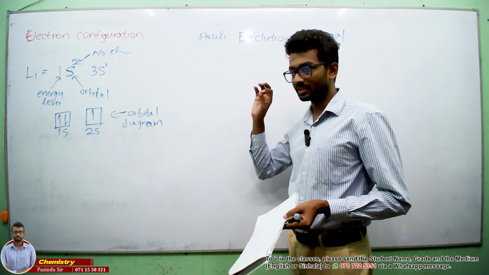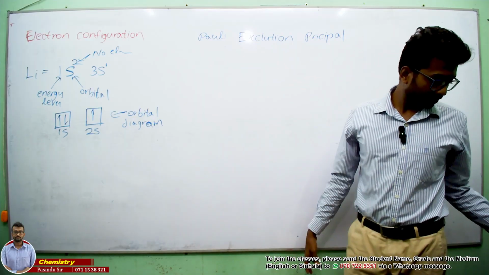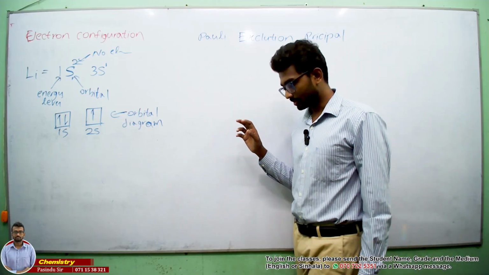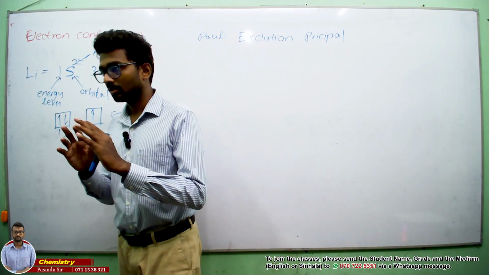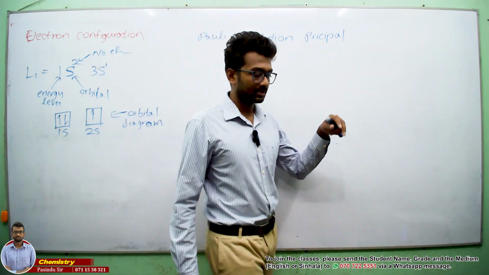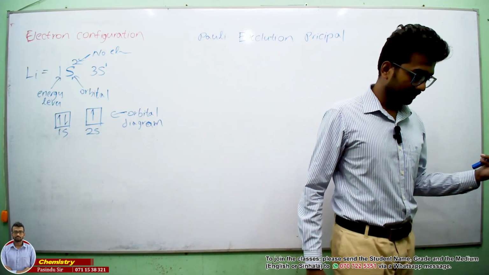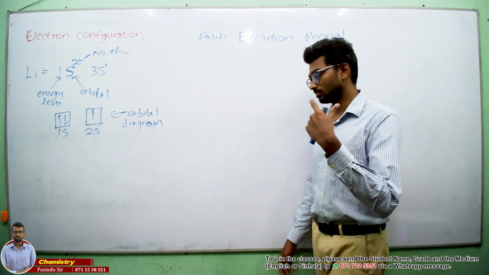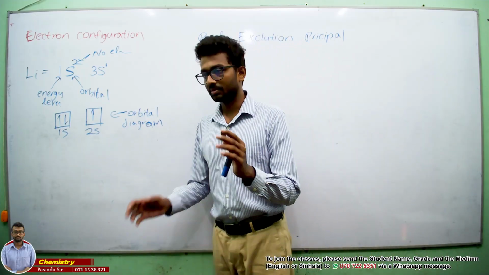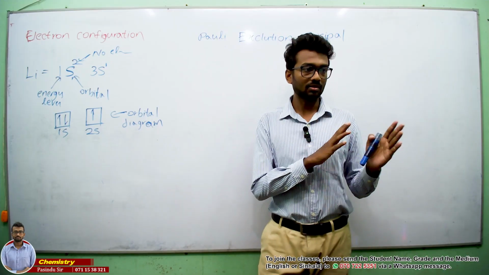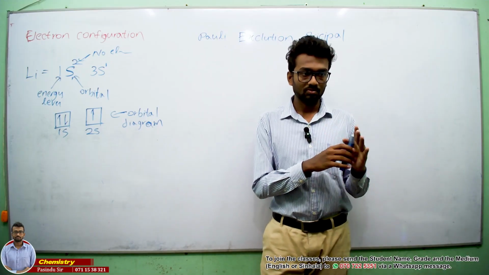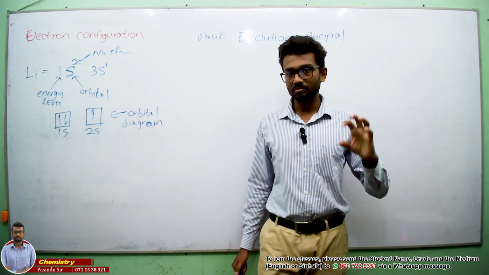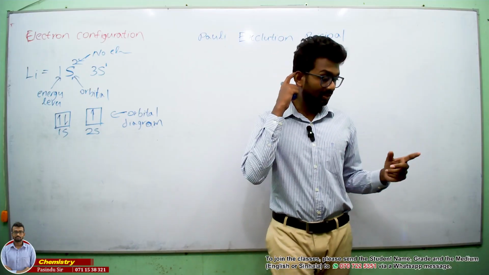it's about quantum numbers. Only one specific set of quantum numbers should belong to one electron. Two electrons can't have the same set of quantum numbers.